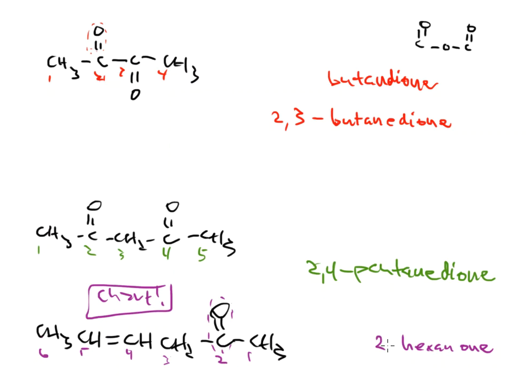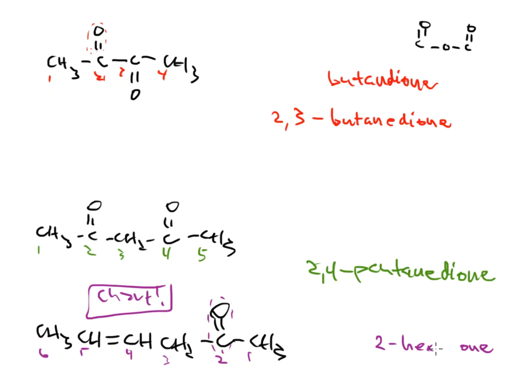So at spot number 2, I have a -one group. But here's the problem. I also have another functional group, and that other functional group is a -ene. So this is not really a hexane, right? This is a hexene. So I'm going to have to go back and take my little eraser and get rid of that A in there.